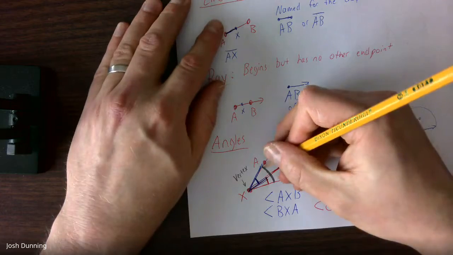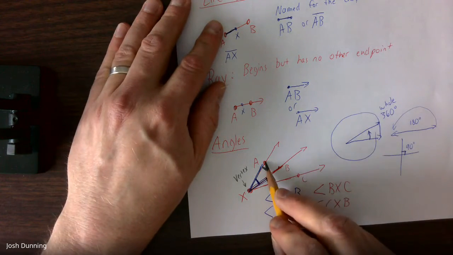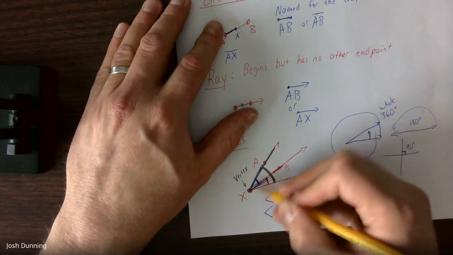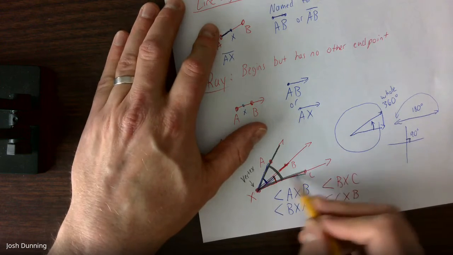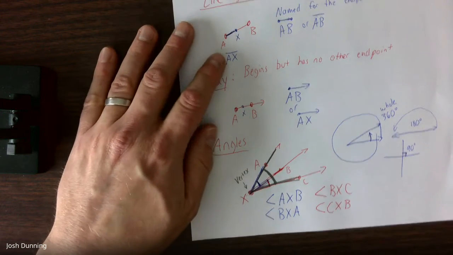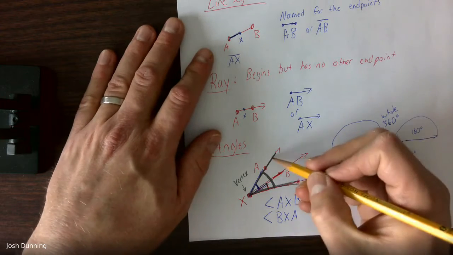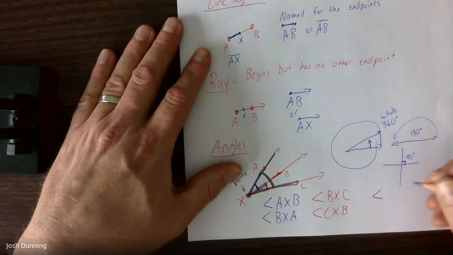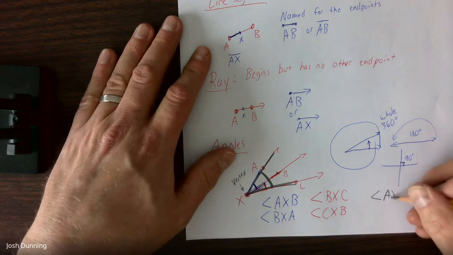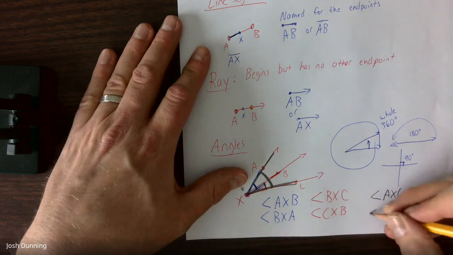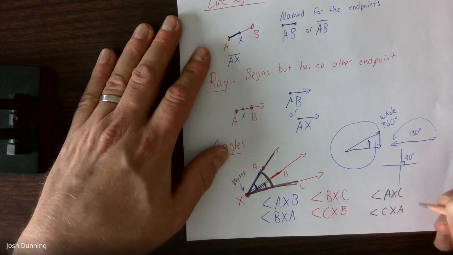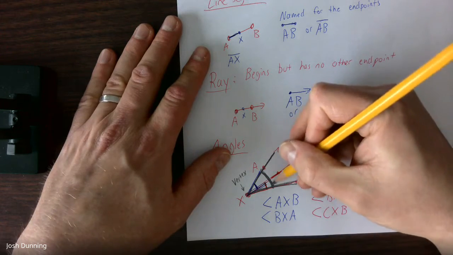The big angle, the whole thing here, is made this time by these sides, these rays. The whole thing then is AXC or CXA. That would give you this whole angle.